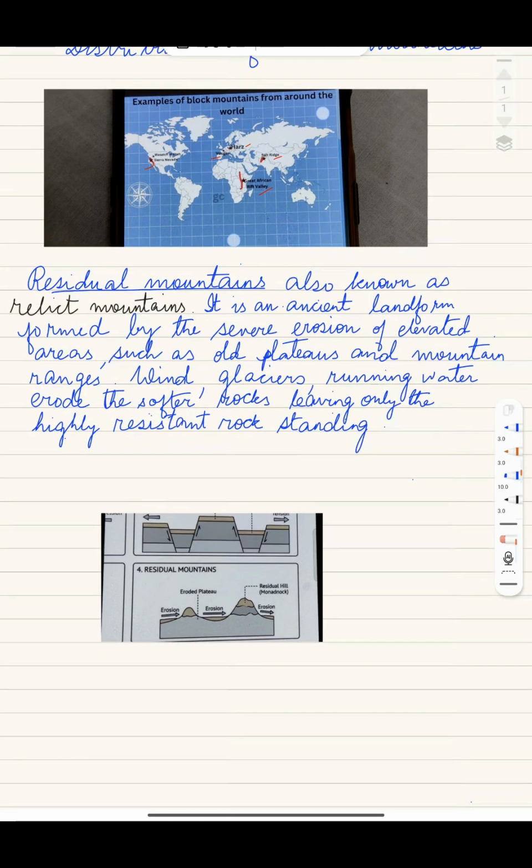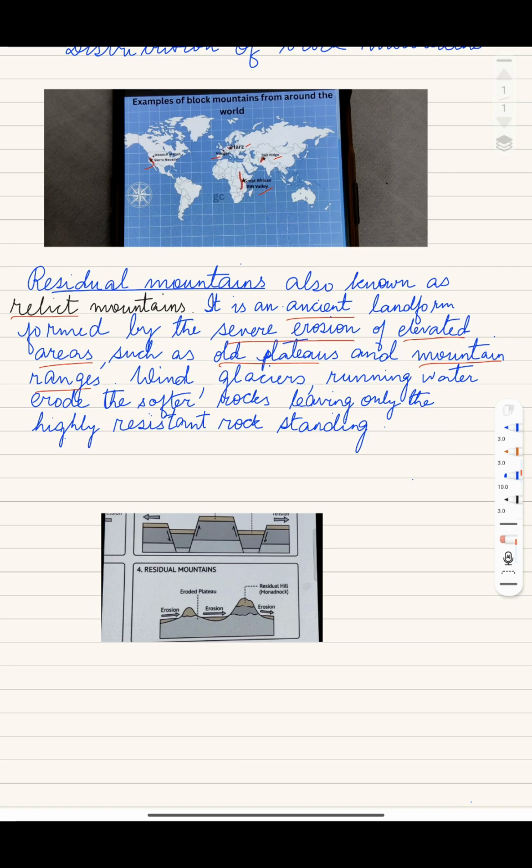Residual mountains. Residual mountains are also known as relict mountains. It is an ancient landform formed by severe erosion of elevated areas. Elevated means high areas such as old plateaus, mountain ranges, etc. Now, who has eroded these elevated areas?